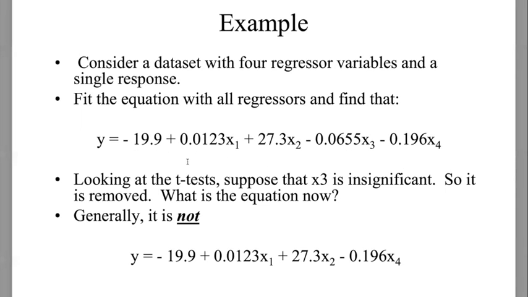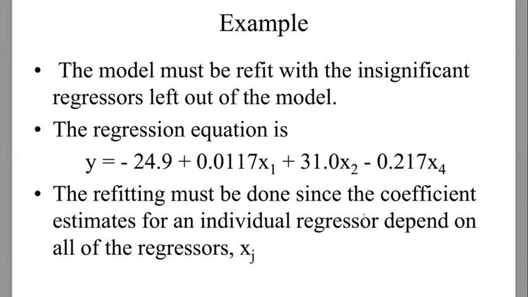And the reason is because in that case, X3 is not orthogonal to X1, X2, nor X4. So if we were to remove X3, we would need to refit the model completely to come up with new parameter estimates. And in doing that, let's suppose that we get this fitted model here. So you can see that those coefficients are different.